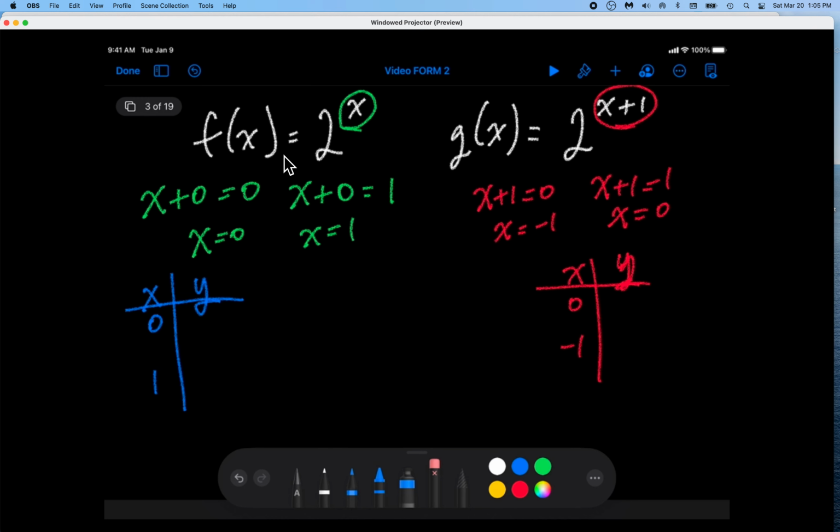Now, if I plug in x equals 0 to f of x, I'm going to get 2 to the 0, which is 1. And if I plug in 1, I'm going to get 2 to the first power, which is 2. And over here, with g of x, if I plug in x equals 0, I'm going to get 2 to the first power, which is 2. And if I plug in -1, I'm going to get 2 to the 0 power, which is 1. So these are the points I'm going to graph. Let me make some room.